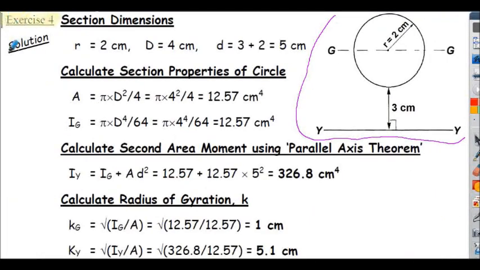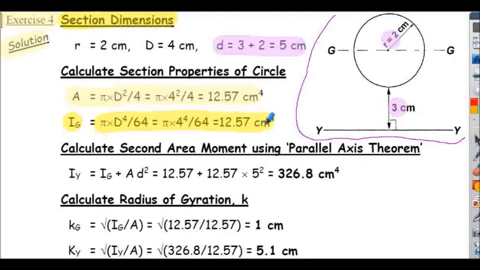Exercise 4, here's the full solution. We initially calculate our section dimensions. Here's the value of d calculated. It's basically R plus this dimension here, 3 centimeters. We can calculate the area of the section. We can calculate the Ig value, second area moment about the centroidal axis. This is the centroidal axis GG in this diagram.